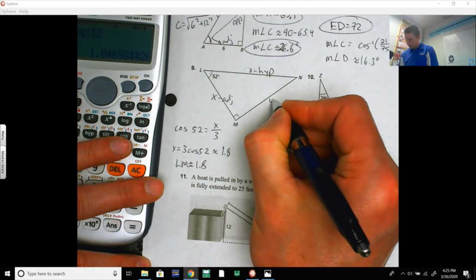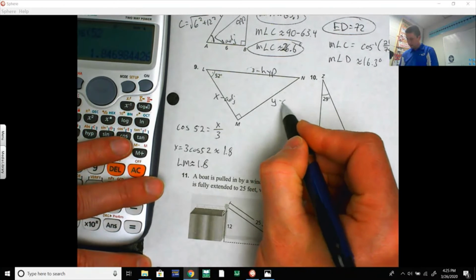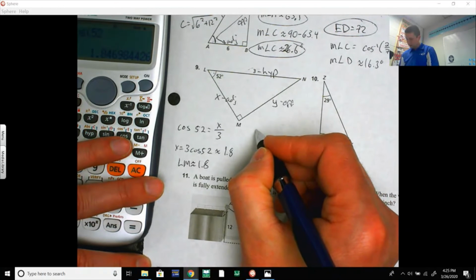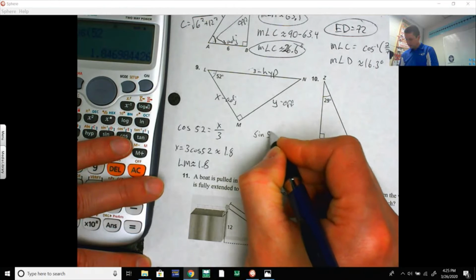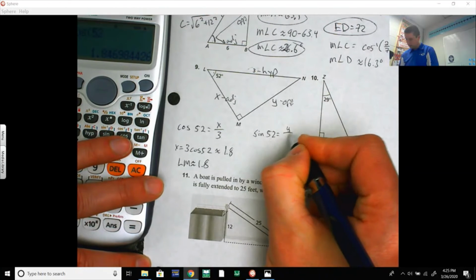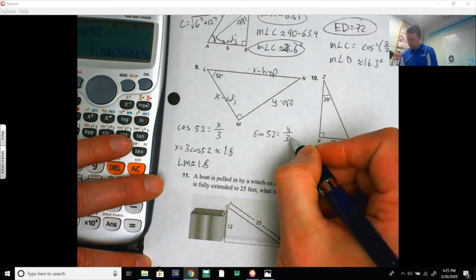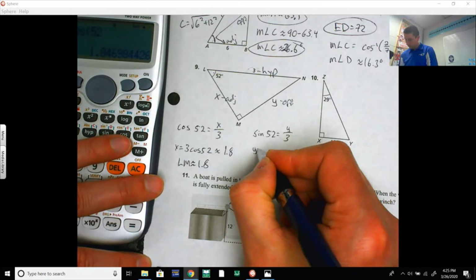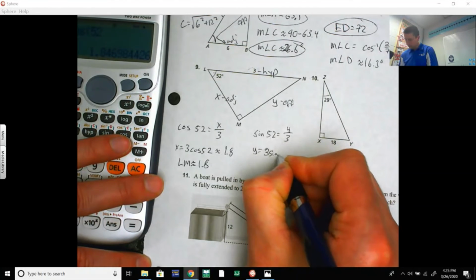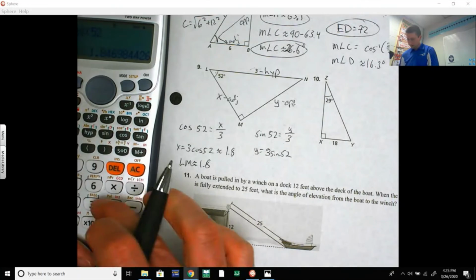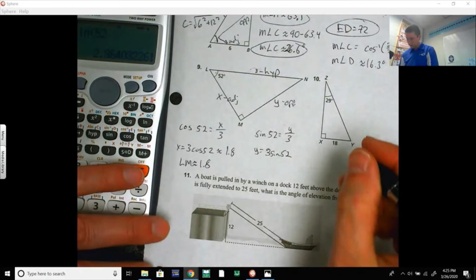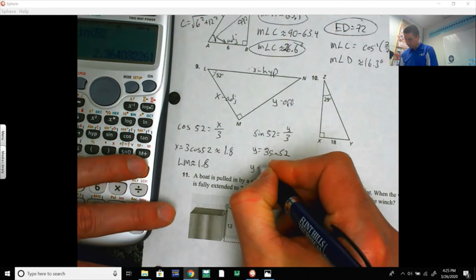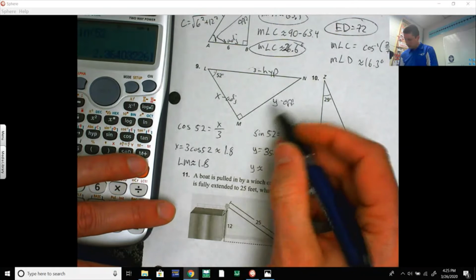So this one, y, that would be opposite. So the sine of 52 would equal opposite y over hypotenuse, 3. So y equals 3 times the sine of 52. 3 sine 52 is 2.4. That would be MN.